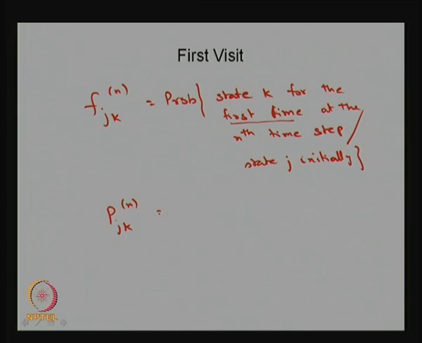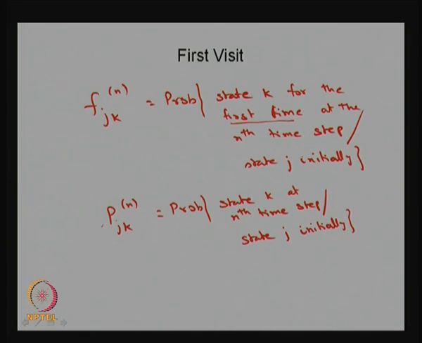This is also a conditional probability: what is the probability that the system reaches the state k at the nth time step, given that it was in the state j initially. The only difference is the first time.